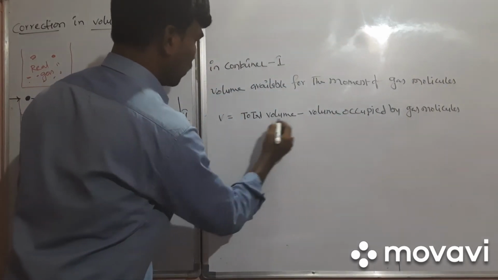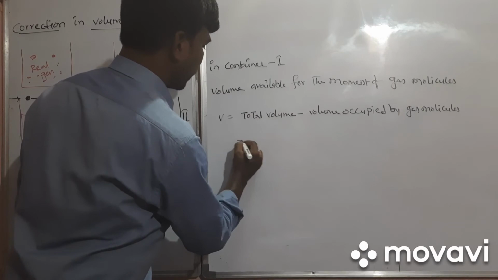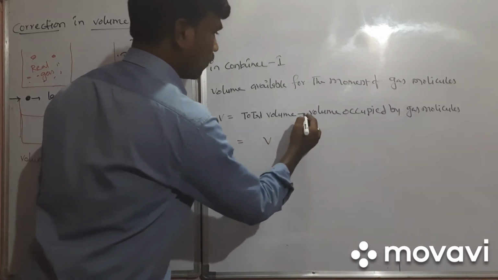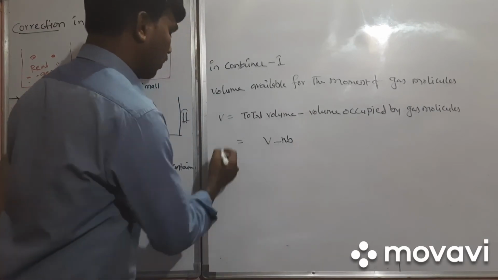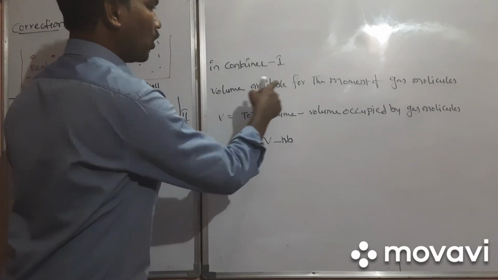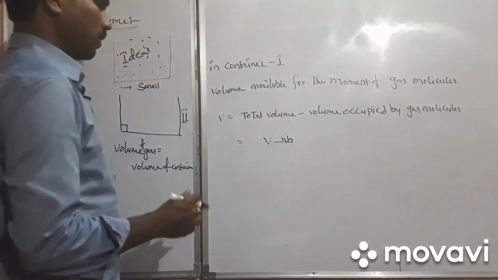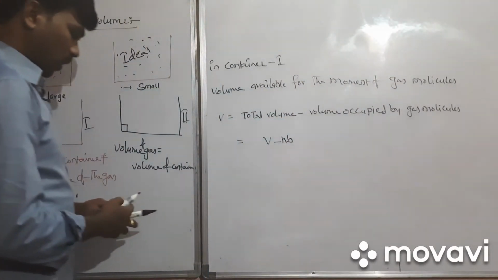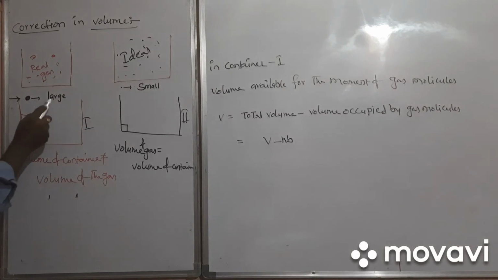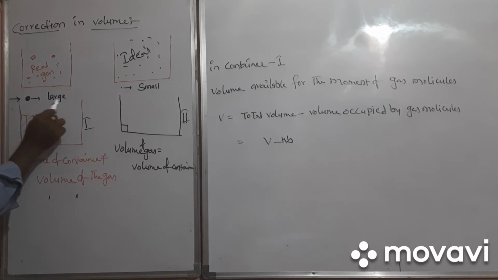Here the total volume of the container is capital V, and the volume occupied by the gas molecules is nb. So the volume correction means the volume available for the movement of gas molecules. What does it mean? These real gas molecules occupy this much area, so they are unable to move in this area.